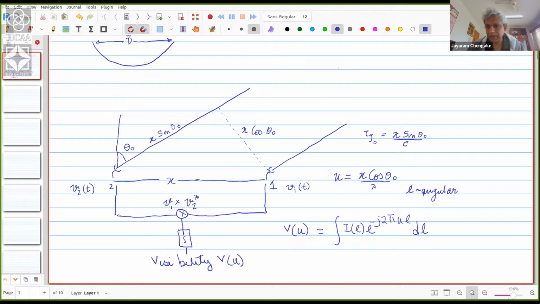We had called it delta theta and then redefined it as L. This holds for L between theta 0 minus delta theta by 2 and theta 0 plus delta theta by 2, since it was under this approximation that all of this worked. This is a Fourier transform relation.